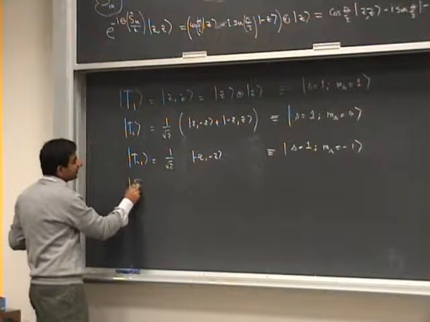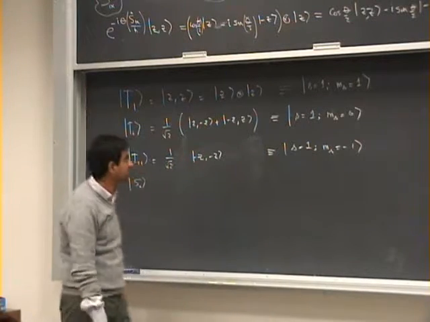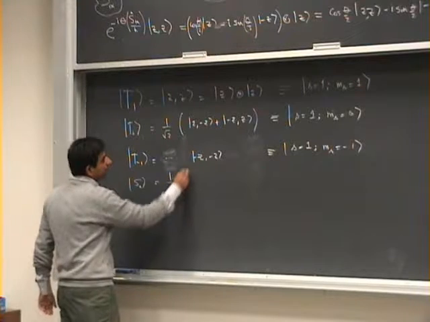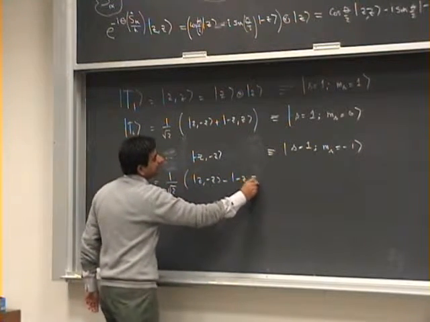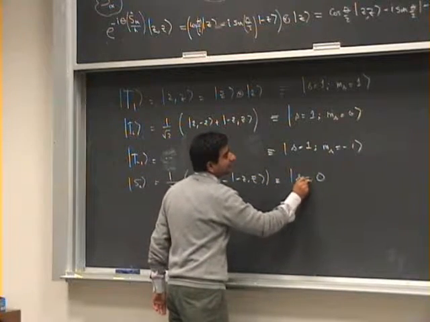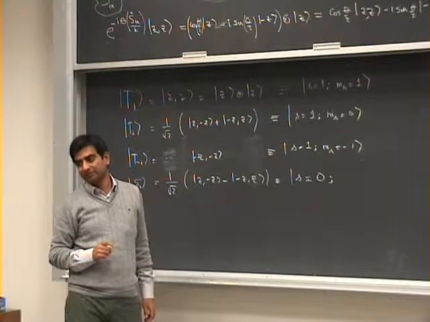Likewise, if you take S naught and exactly repeat the same procedure that we've done here, this would correspond to 1 over under root 2 times up-down minus down-up. This will correspond to S equals 0. A spin 0 quantum state.